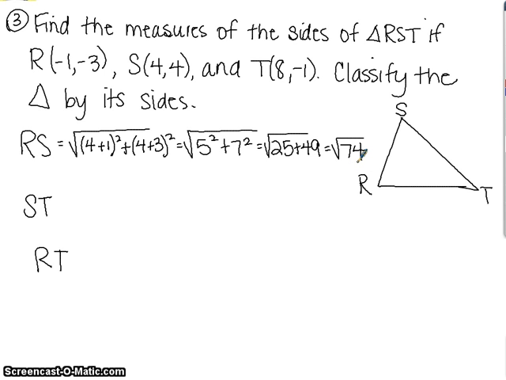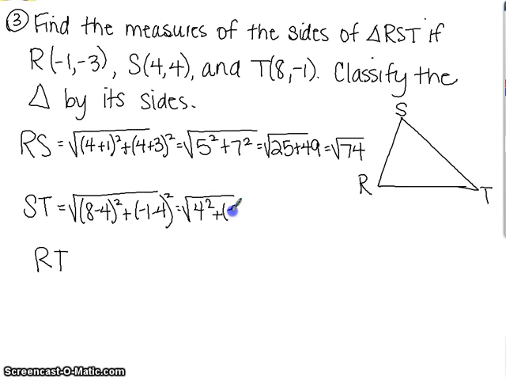Okay. How about ST? 8 minus 4 squared plus -1 minus 4 squared. Okay, so we get 4 squared plus -5 squared. So that would be 16 plus 25. So that would be the same thing as the square root of 41.